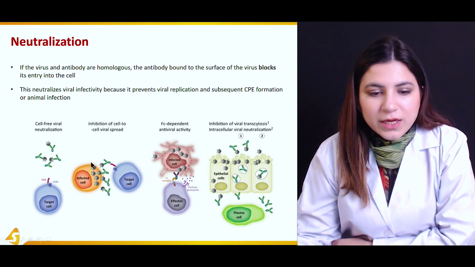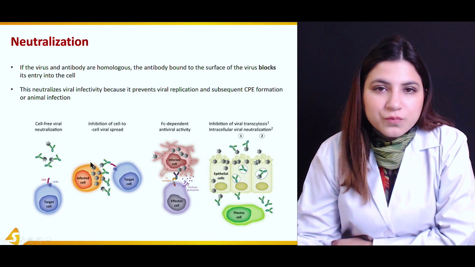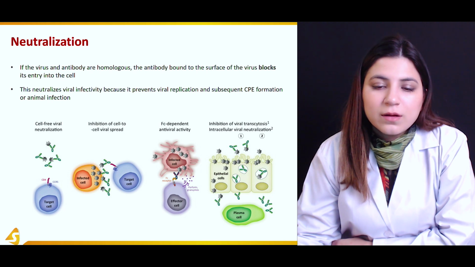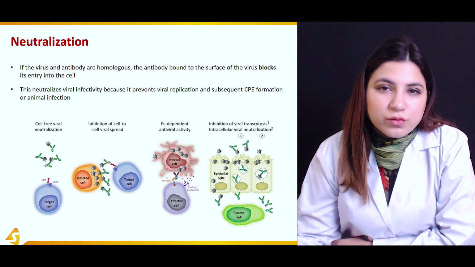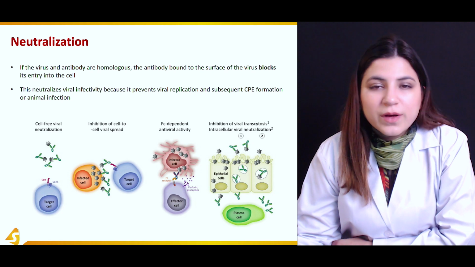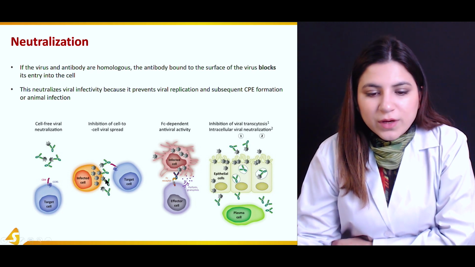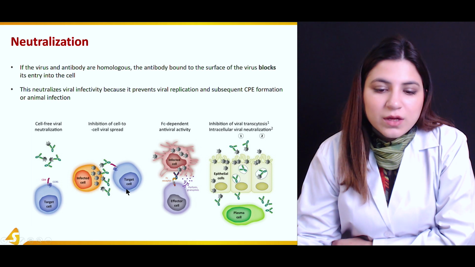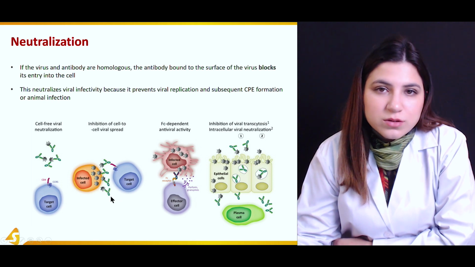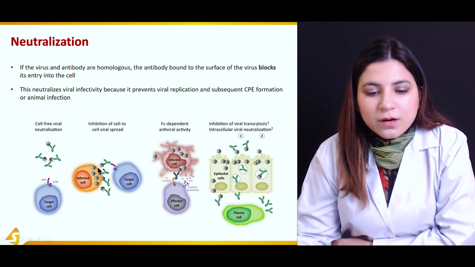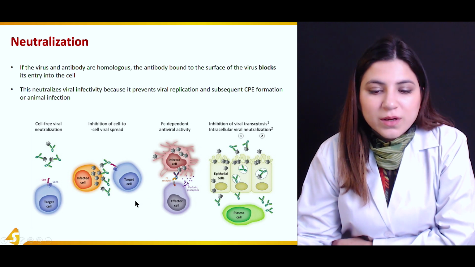This can be done at the cell-free level, or we can control the spread of virus from one cell to another. So inhibition of cell-to-cell viral spread can be achieved. That is, if the virus is being released from the infected cell, then by the presence of antibodies, no further cells can be infected by these viruses.